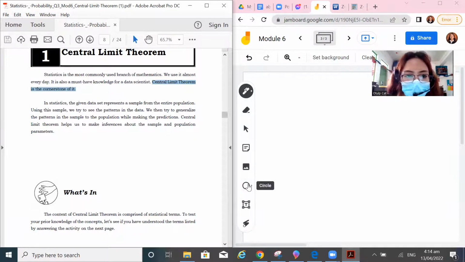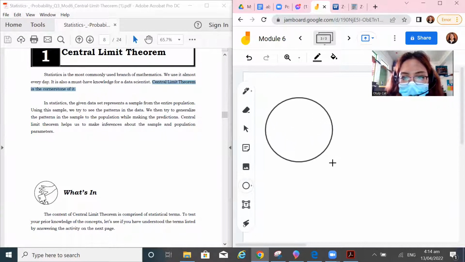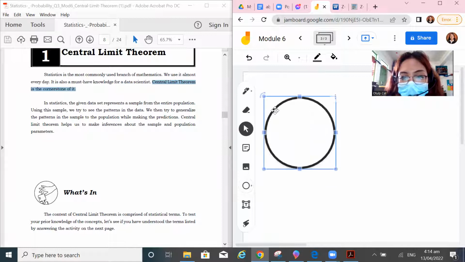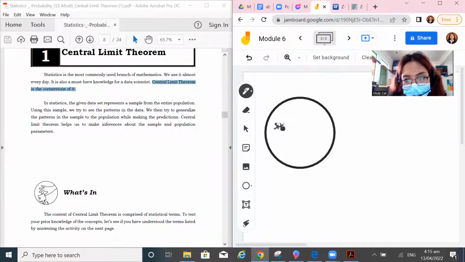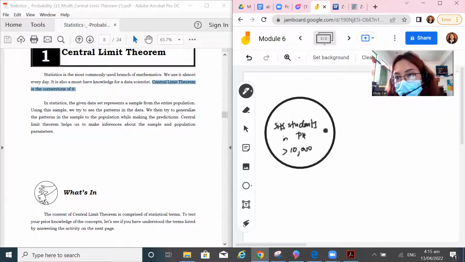Here we have the entire population of senior high school students in the Philippines. Since the number is greater than 10,000, it is a very large population. It is not practical to collect data if there are more than 100,000 senior high school students in the Philippines, especially if you are alone.